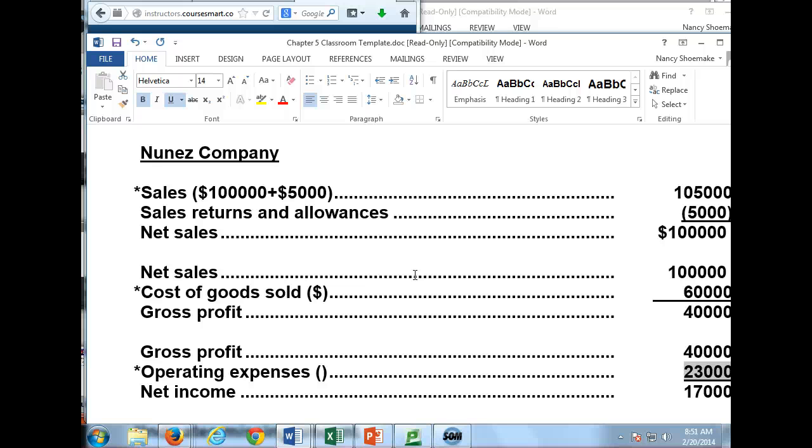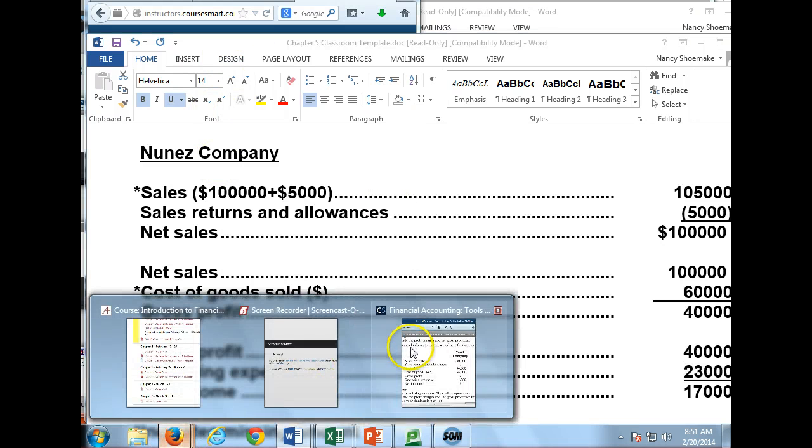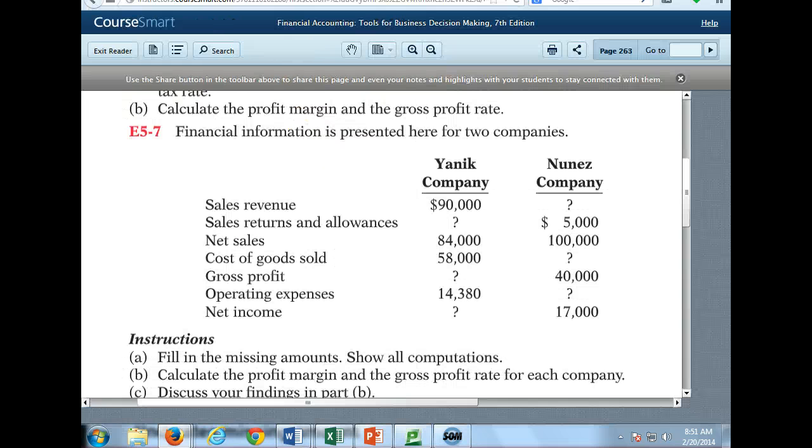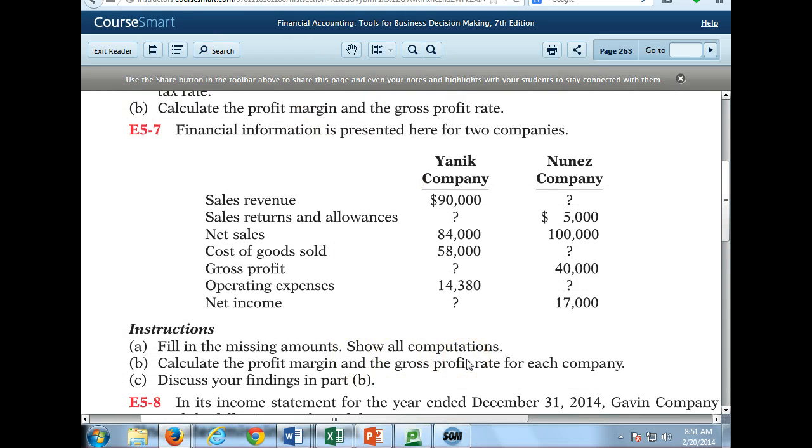Okay, next part. Let's go back. It's now going to ask us, calculate the profit margin and the gross profit rate for each company. Now, I bet you're going to learn the difference between profit margin and gross profit rate. I will probably have multiple choice for you that will show a scenario. The profit margin is going to be the net income divided by the net sales, isn't it?